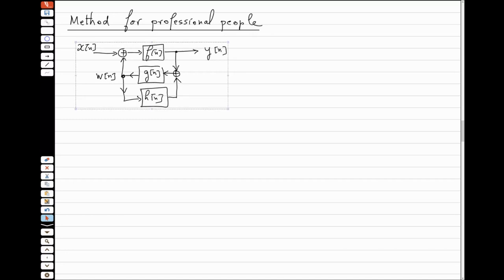Professionals, they say the following. You're about to write that y of n is f of n convolved with its input. If you can write this, then why not write that immediately in the z domain? Because it's so easy. In the z domain, y of z is going to be the transfer function times the input in the z domain.